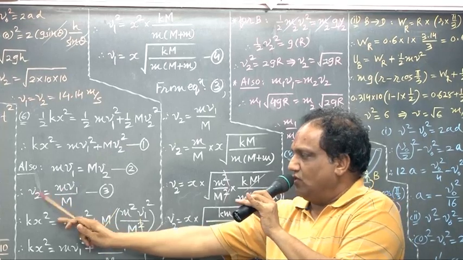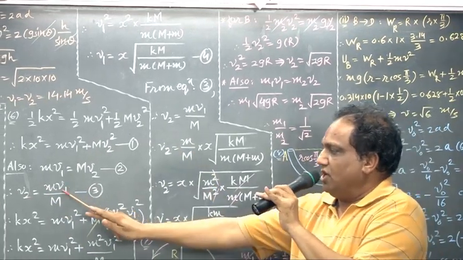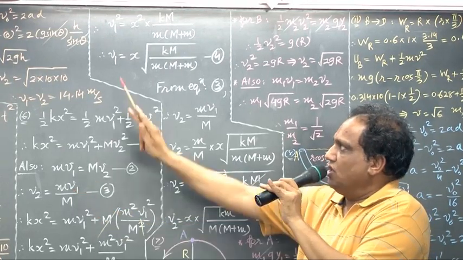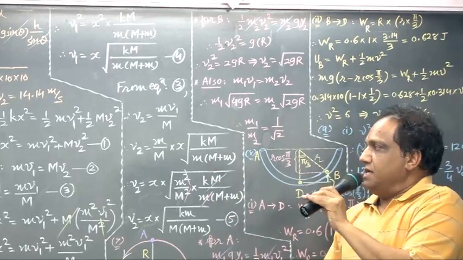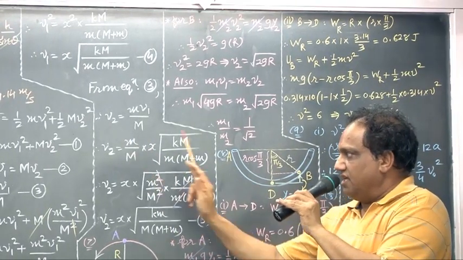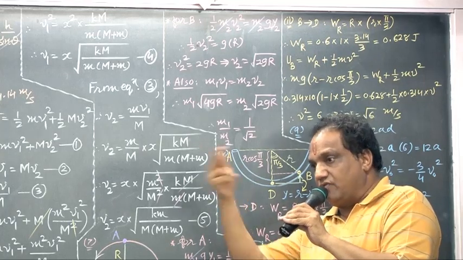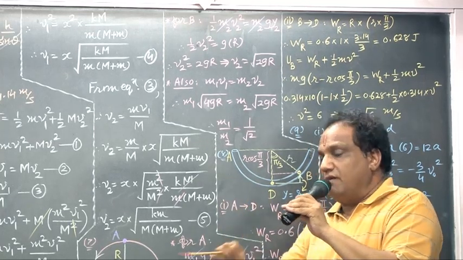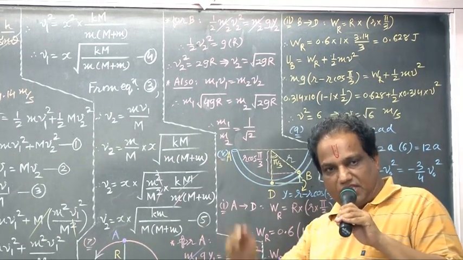Start with this, v2 equals m upon M into v1, the same formula of v1 I have written here. Now this much part I want to take inside. How can I take it inside? After making it squared, because there is a square root sign.